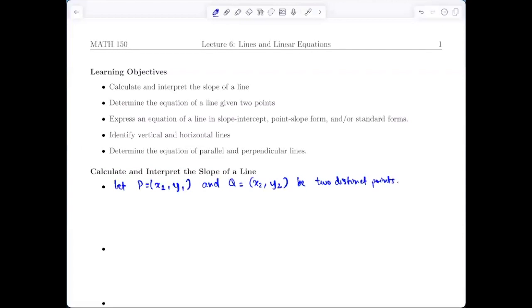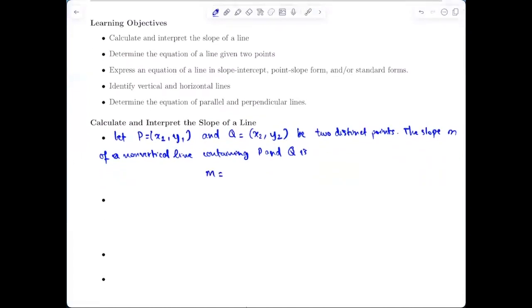And we say that the slope m of a non-vertical line containing P and Q is, right, so the equation of the slope is m equal to y2 minus y1 over x2 minus x1.